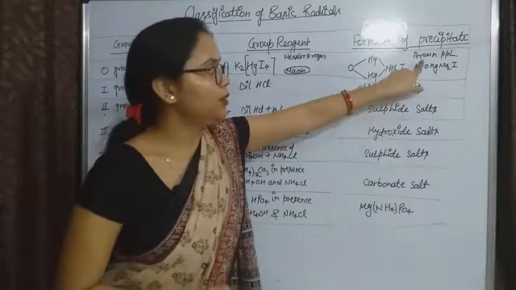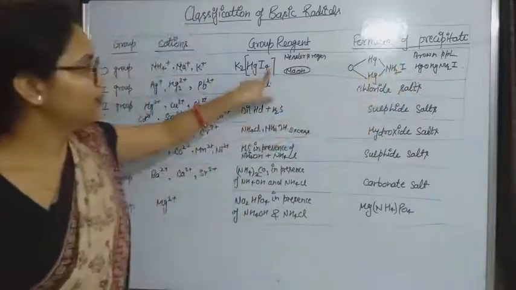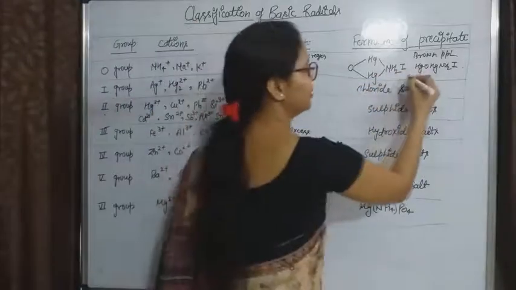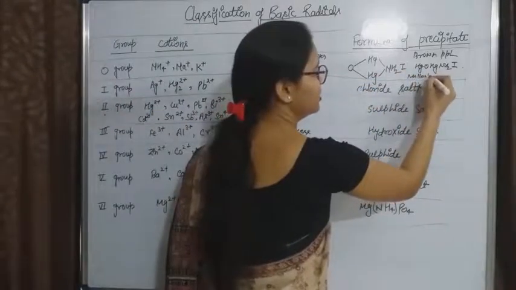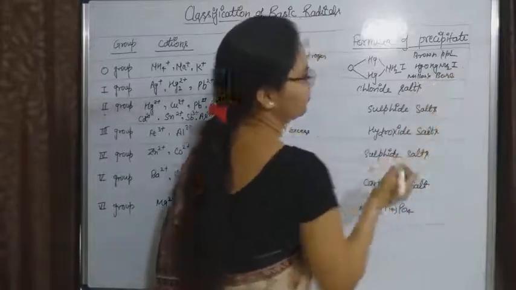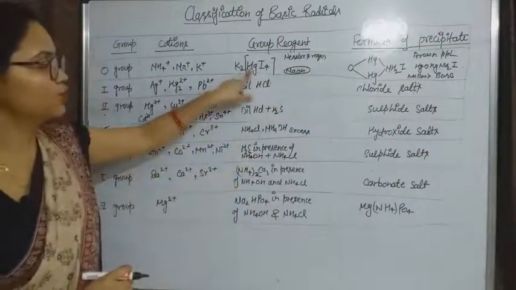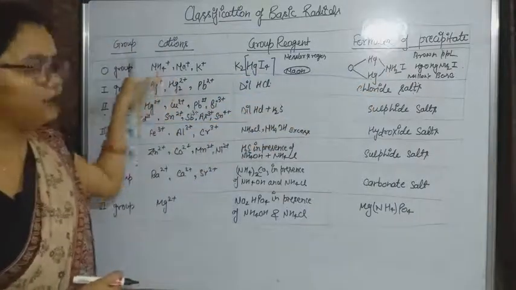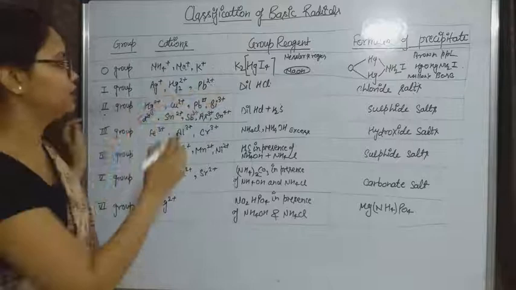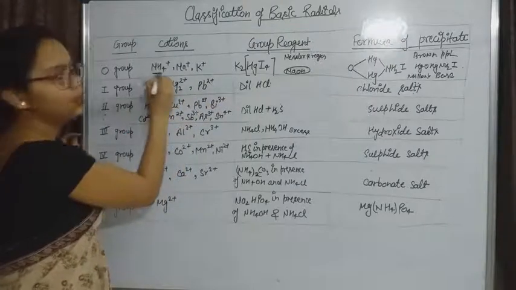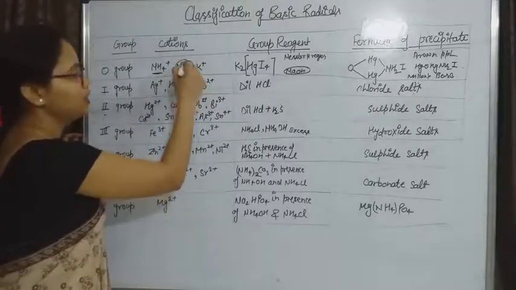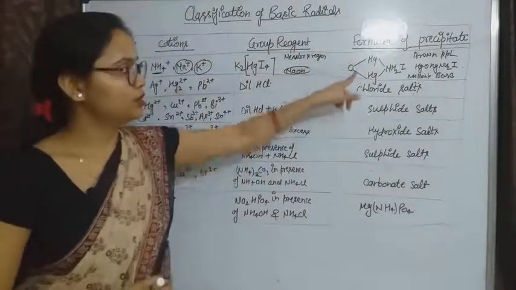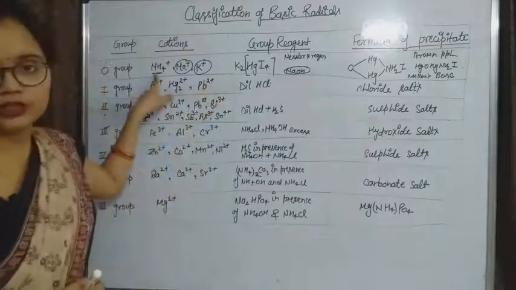You will get the brown PPT of this compound after adding group reagent in salt solution, and the name of this compound is Millon's base. So basically after adding this group reagent you will get the brown PPT of Millon's base. Actually I am talking about this ammonium ion only, because sodium ion and potassium ion are generally not given to CBSE students. So this reaction you will get in the case of this cation.